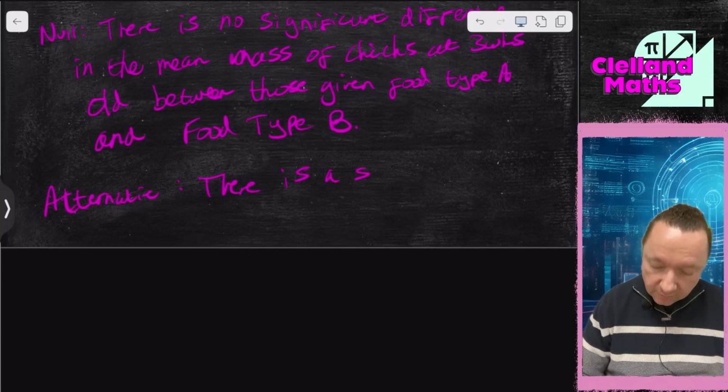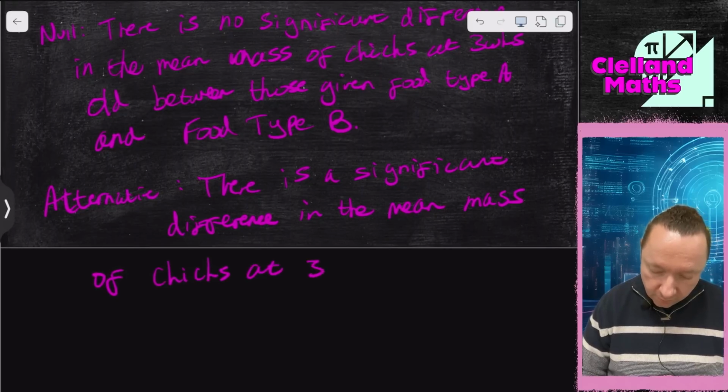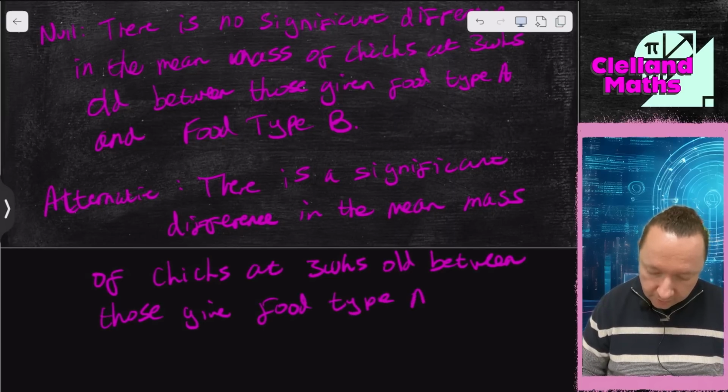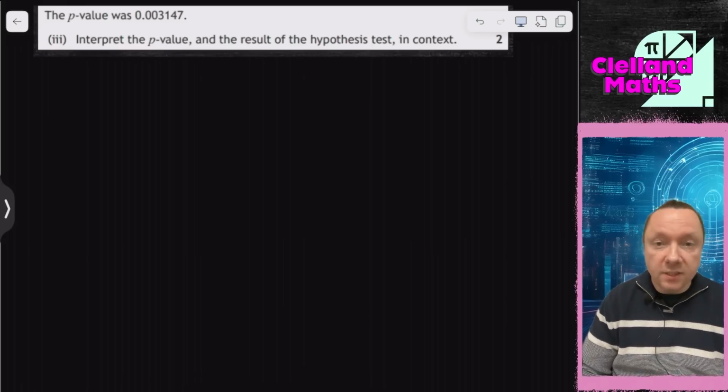There is a statistically significant, or just significant will be fine, difference in the mean, because we're doing a t-test, mass of chicks at 3 weeks old between those given food type A against food type B. The p-value was 0.003147. Interpret the p-value in the result of the hypothesis test in context.